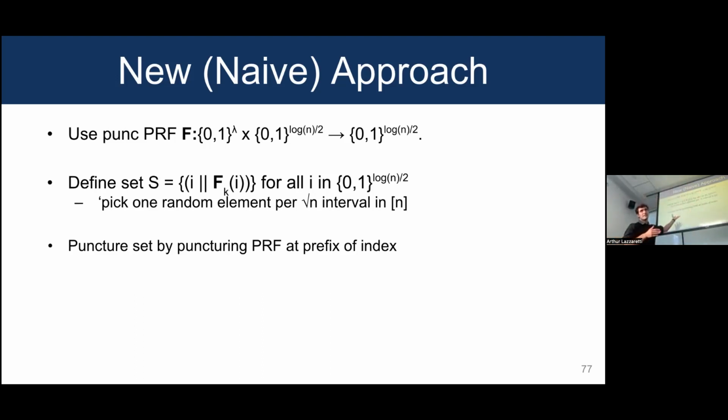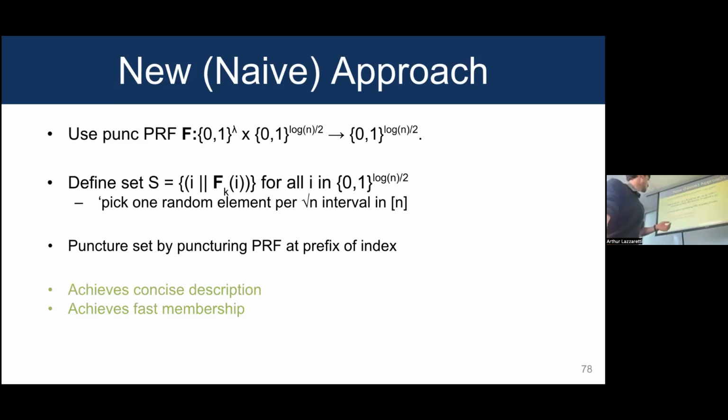So this is how we define the set, and you can do this with one PRF evaluation. Whereas before with the PRFs, you had to enumerate the whole set. Now you can do it with one evaluation. You just check the specific chunk where x belongs and check within it.